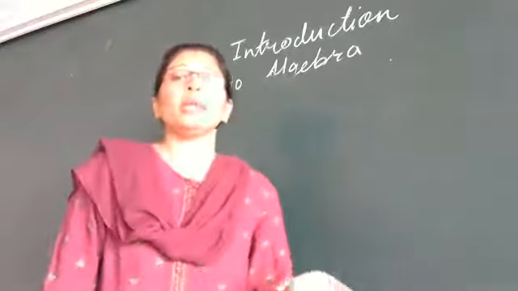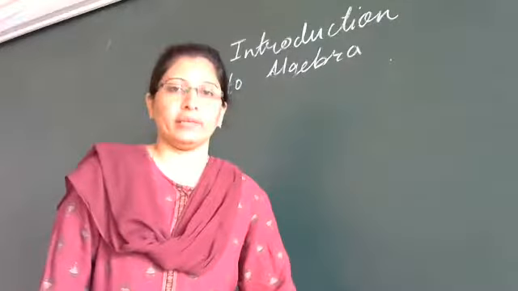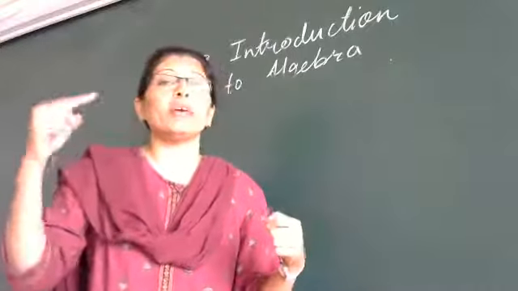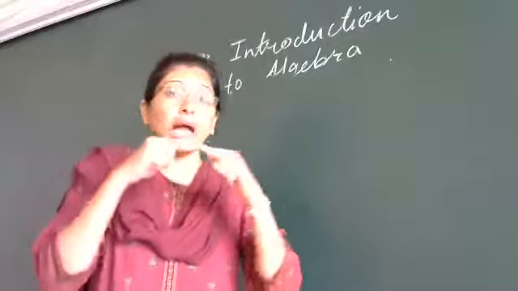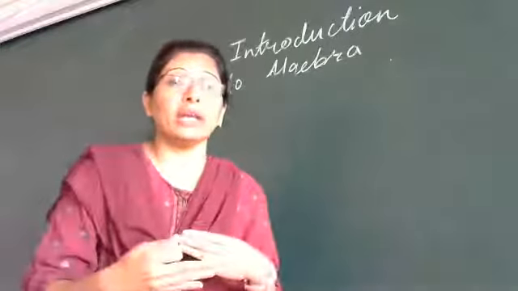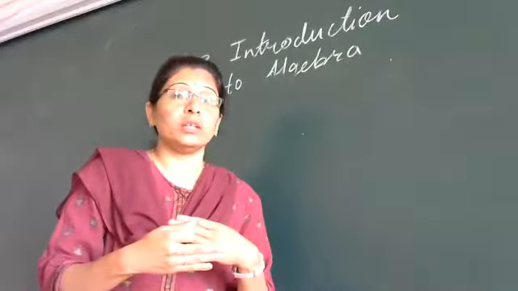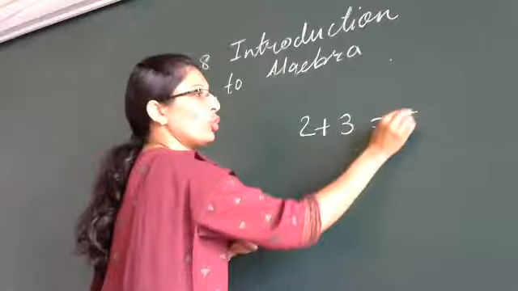Now, there are many statements, like many mathematical expressions. For example, if 2 is increased by 3, we get 5. See the statement: 2 is increased by 3, we get 5. How can we write this statement in numerical form? 2 plus 3 is equal to 5.